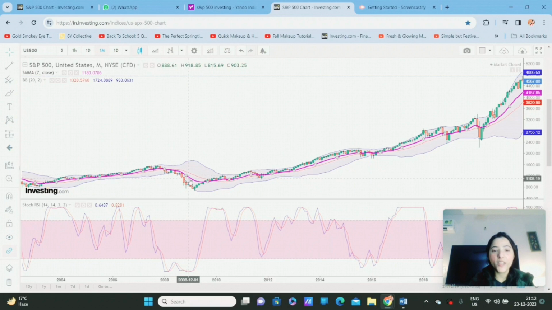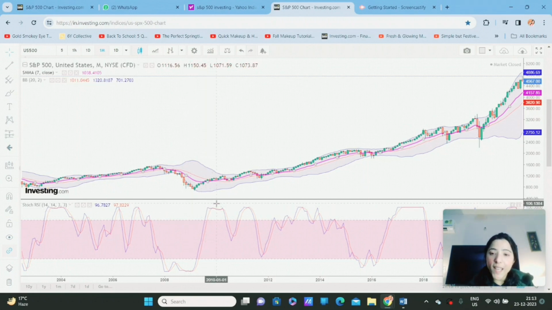Okay, so you're seeing this purple line of the SMA. So when the SMA is also below the moving average of the Bollinger Bands. Bollinger Bands we've spoken about before. In case you want to know more about it, please see my chapter number 2, which is on Bollinger Bands. So if the SMA has crossed the moving average and also your Stoch RSI is falling, that is a perfect indicator of an impending crash.